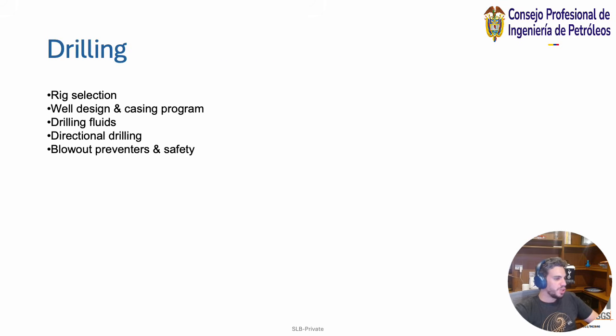Okay. So let's move on to drilling. We're going to be talking about the rig selection, the well design, the casing program, the drilling fluids, directional drilling, which is a subcategory of drilling, but is the more relevant and the more common form of drilling now, and blowout preventers and safety.